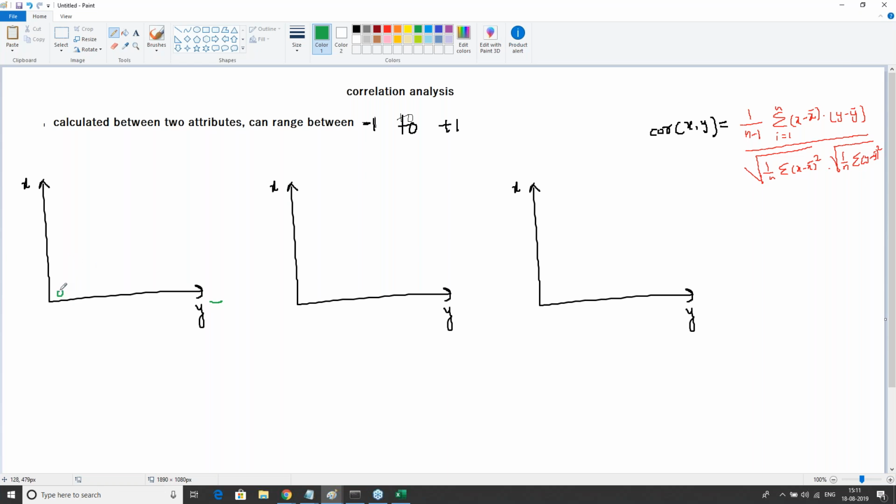So data points are spread like this, let's say. In the second case, maybe data points are spread like this. In the third case, data points are like this.